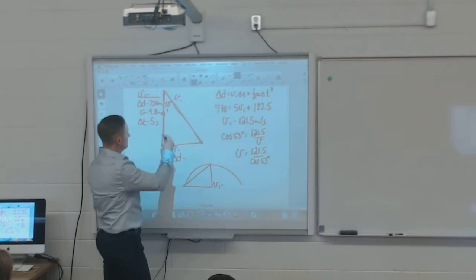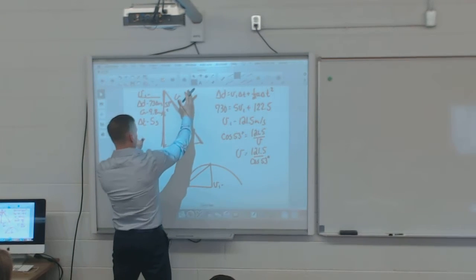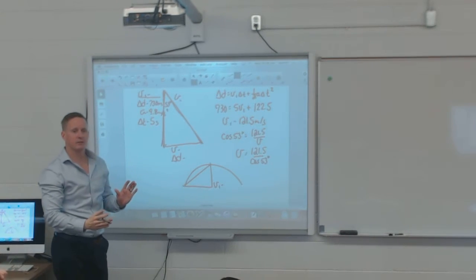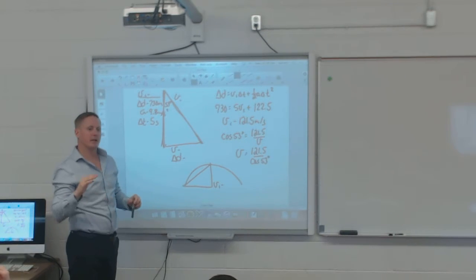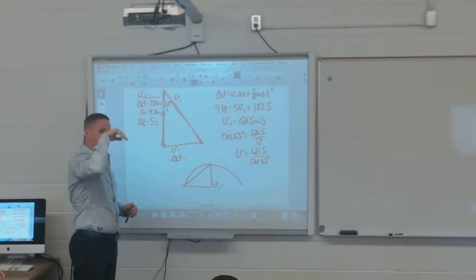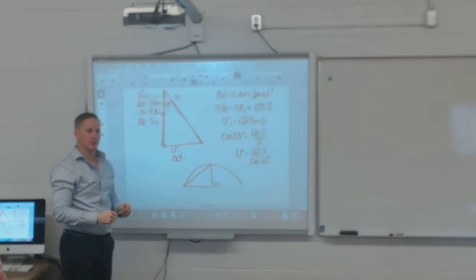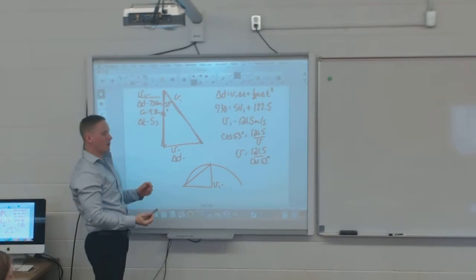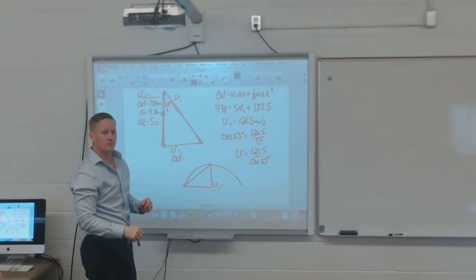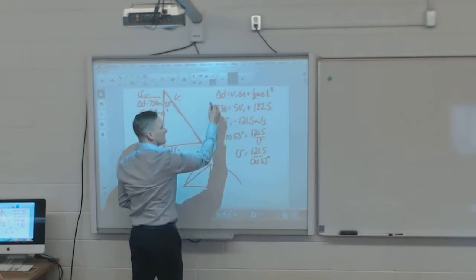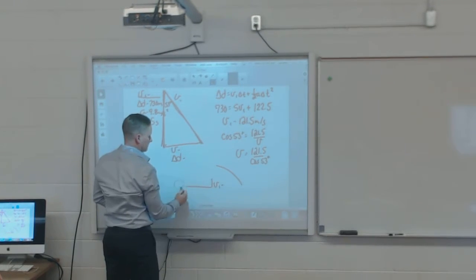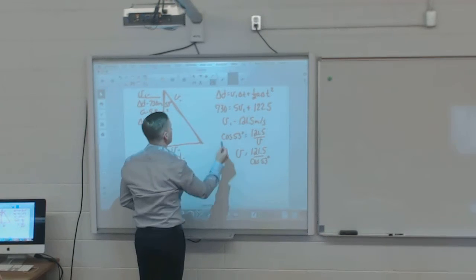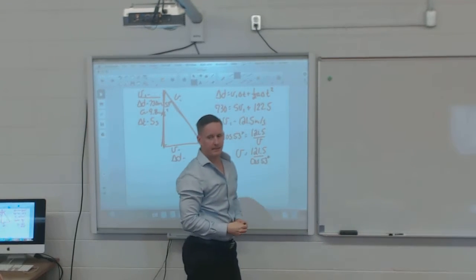Same thing here, just rotate your triangle and you have the same question. So all my projectile motion questions and this are the exact same question. The only difference is one's going up and one's going down. Does that make more sense? Okay. Anybody else?